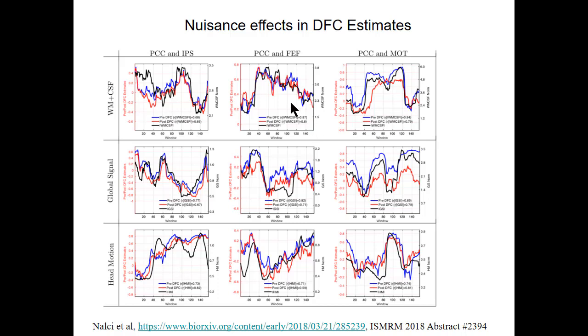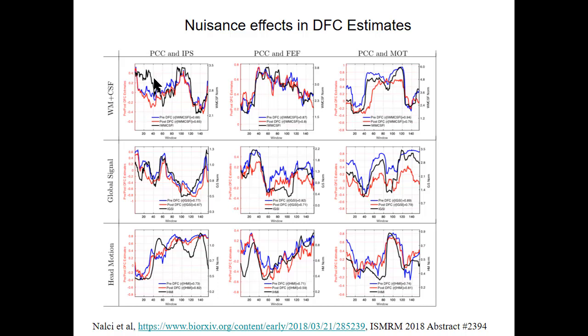So my last slide before I summarize is just talking about an issue that we've been looking at and that was discussed in an abstract yesterday. What I'm showing you here, in blue, is the dynamic functional connectivity. In each of these, we've estimated the dynamic functional connectivity across time before we've done nuisance regression, okay?